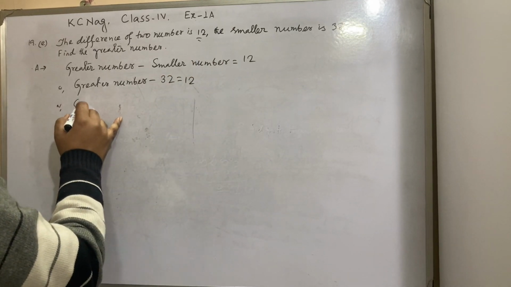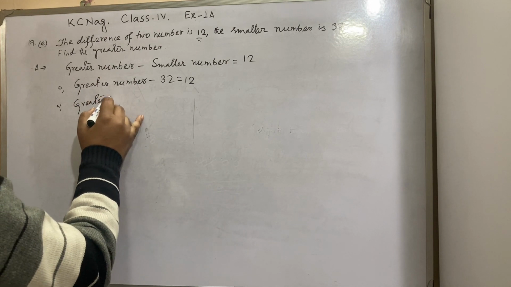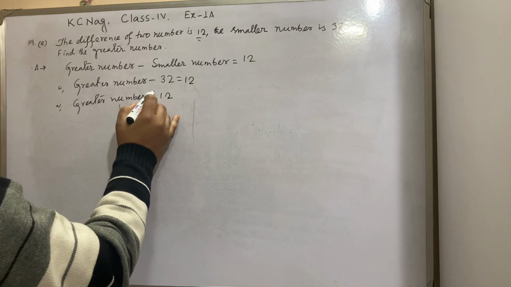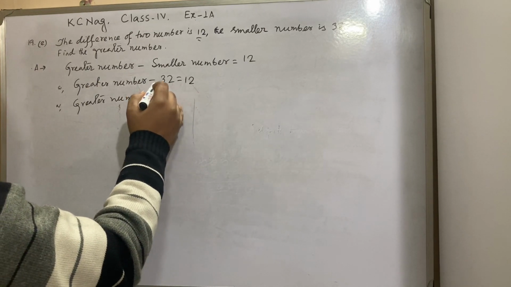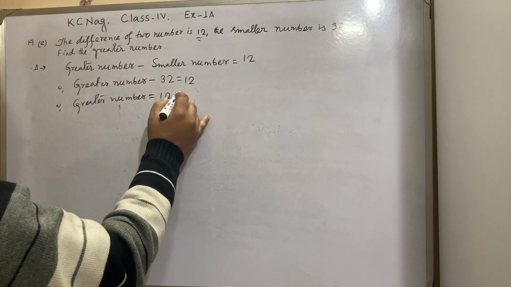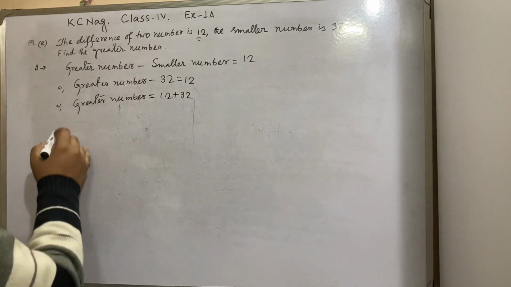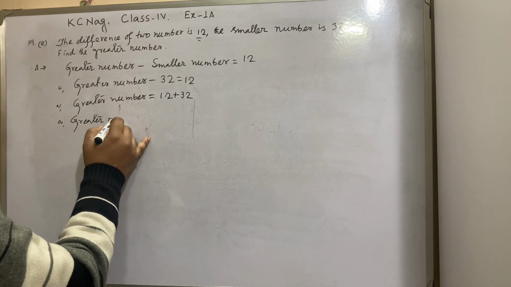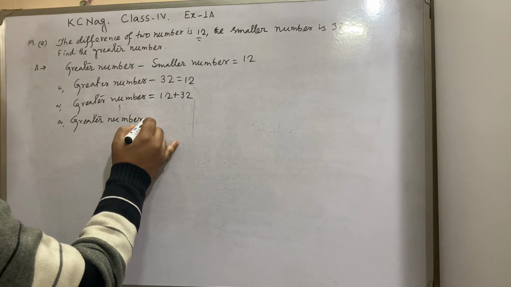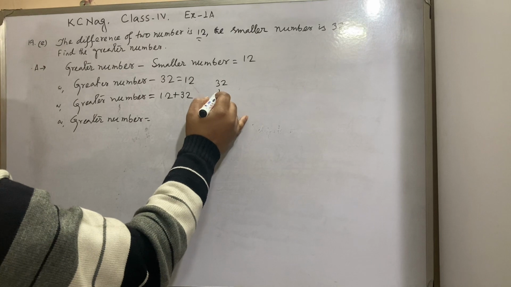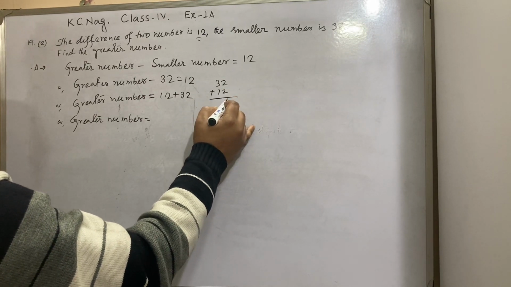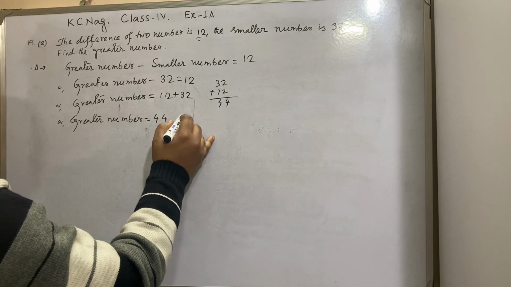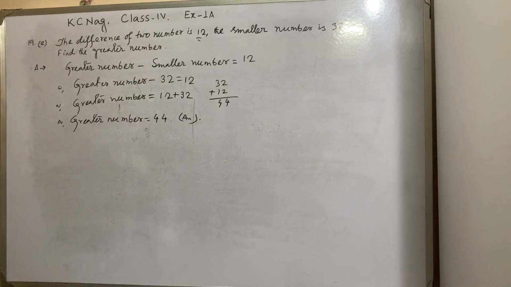So the greater number is equal to 12, plus 32, since minus 32 is going from the left hand side to the right hand side of the equal sign, it becomes plus 32. So the greater number is 32 plus 12, that is 2 plus 2 is 4 and 3 plus 1 is 4, so the number is 44. This is the answer.